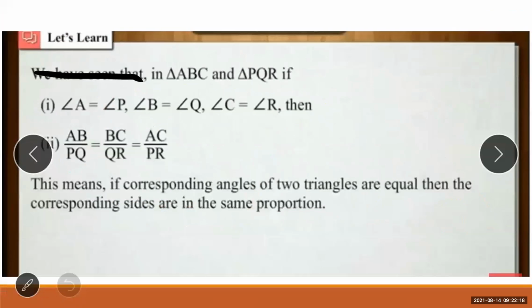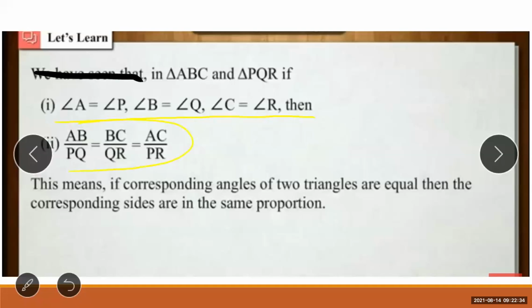Here you can see a pair of congruent angles and the ratio of corresponding sides that is given equal to each other.